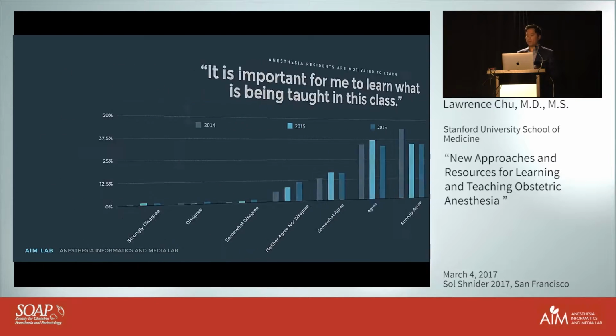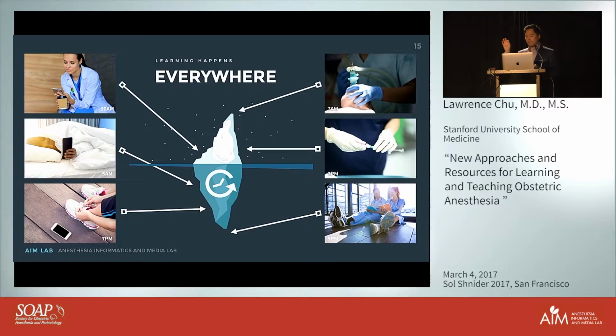Are we doing everything we can to help today's students learn when they want to learn, where they need to learn, taking advantage of the opportunities that they have throughout the day? Because a resident's day is very busy.